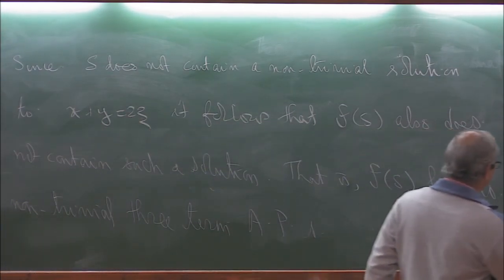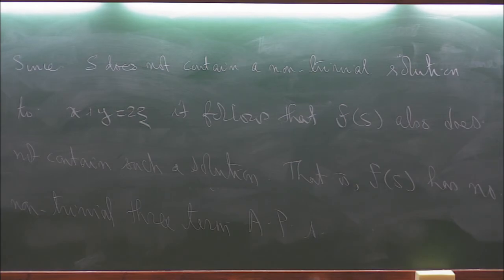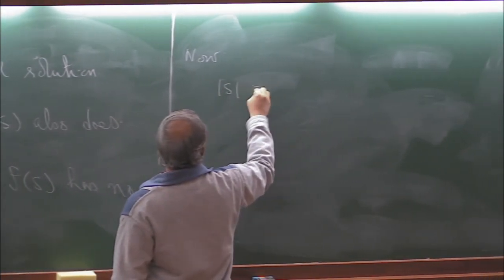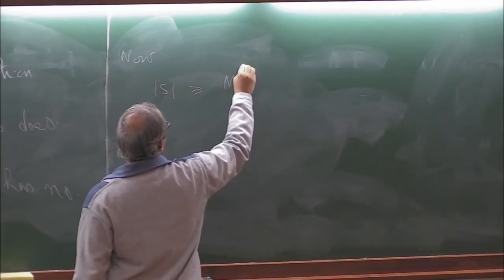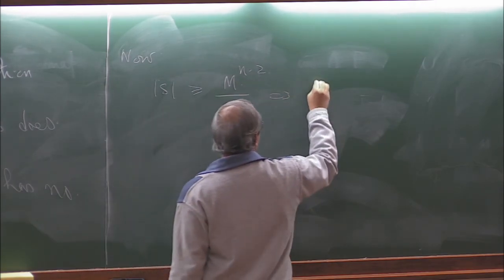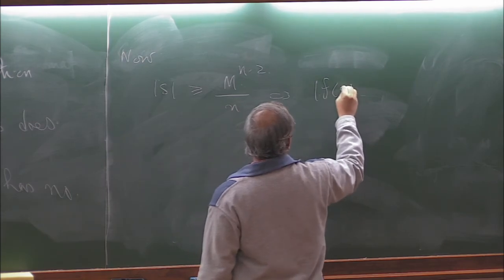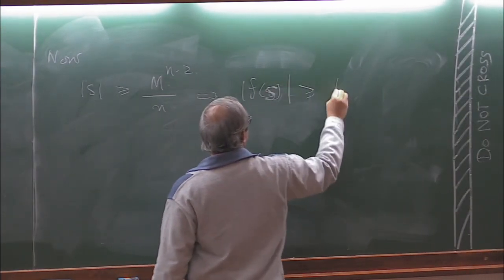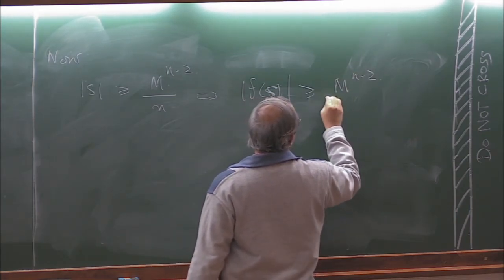We know that the cardinality of S is greater than m to the power of n minus 2 by n, which implies that the cardinality of f of S is also greater than m to the power of n minus 2 by n.